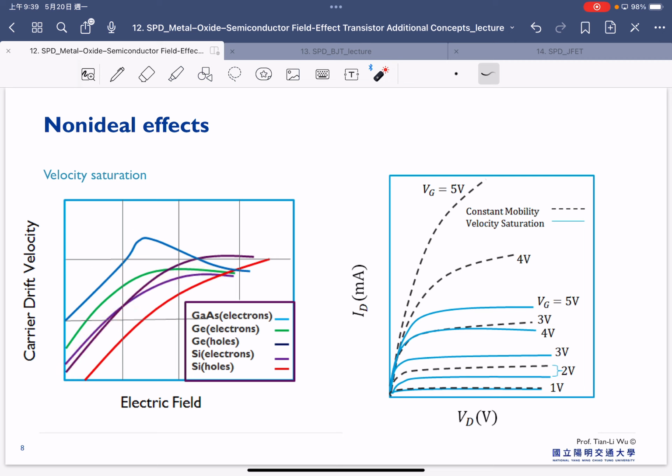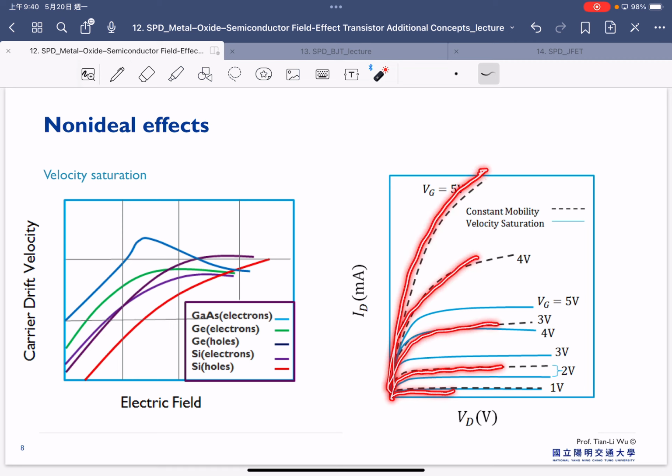If you consider the current equation, in the previous IV calculation we assumed a constant mobility, so we have an IV curve like this. This is under constant mobility.